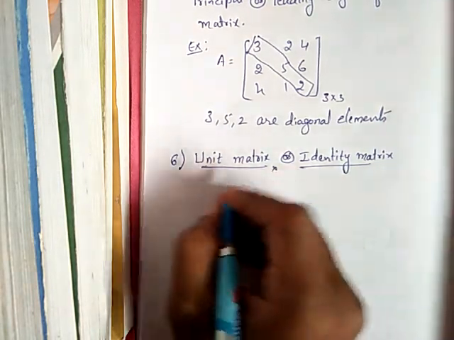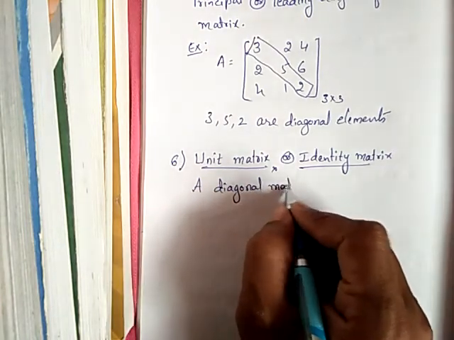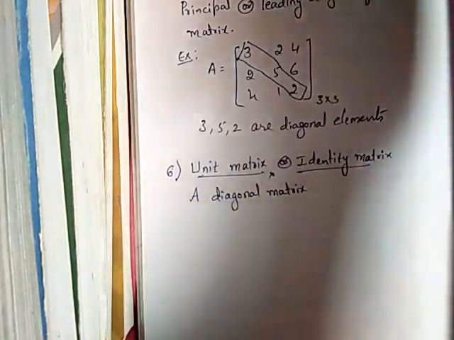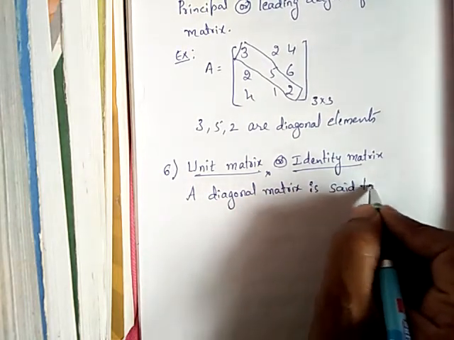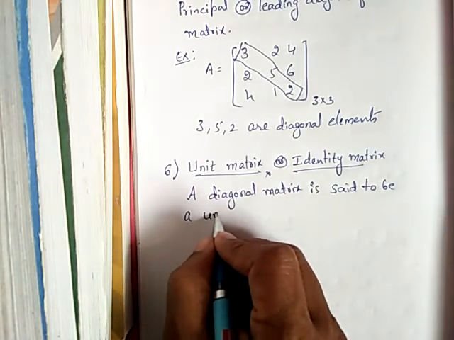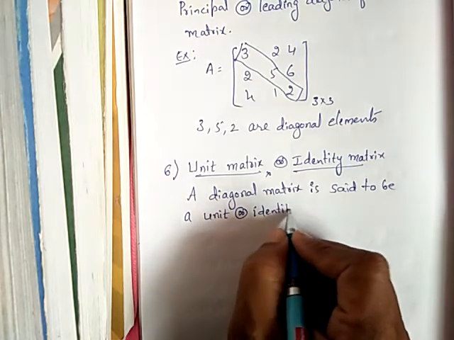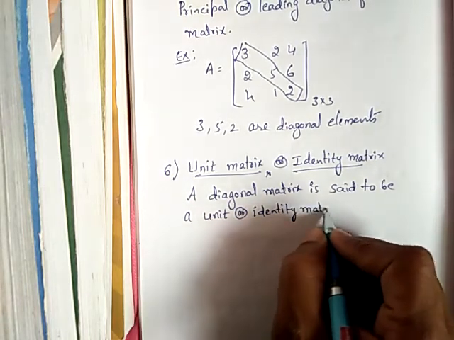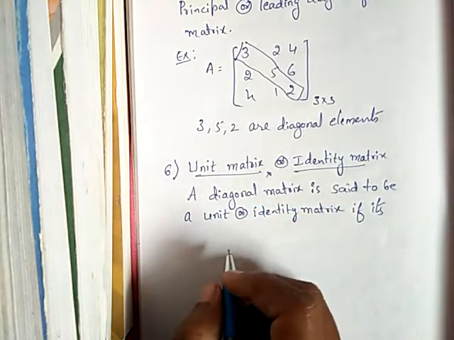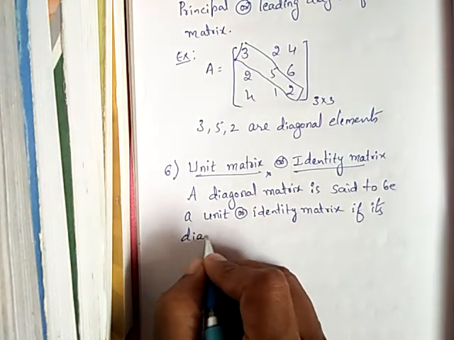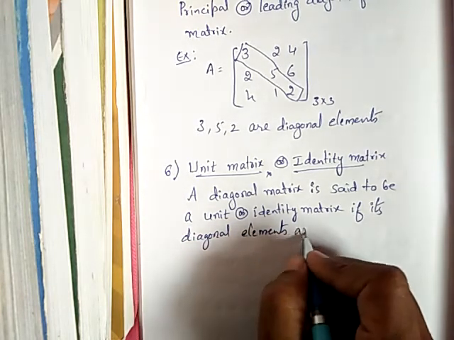Okay, so a diagonal matrix we can say like this: a diagonal matrix is said to be a unit matrix, or identity matrix, if its diagonal elements are unity.